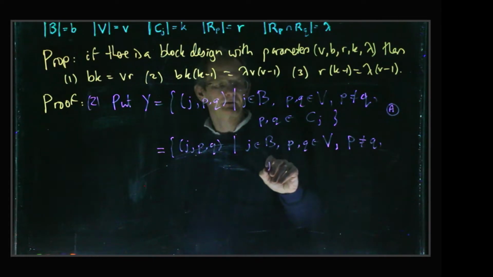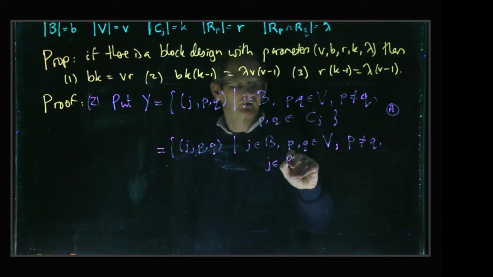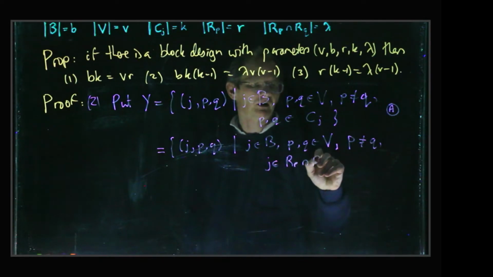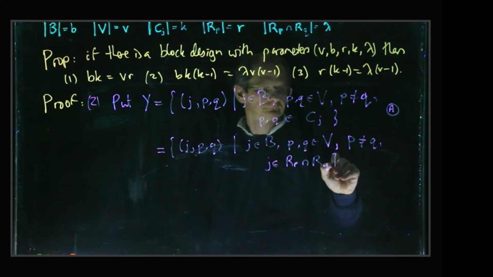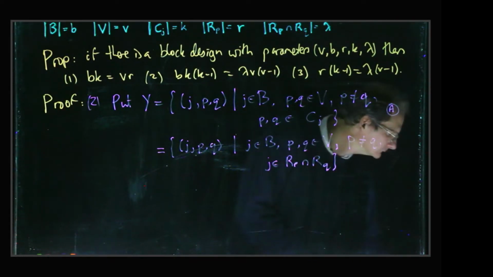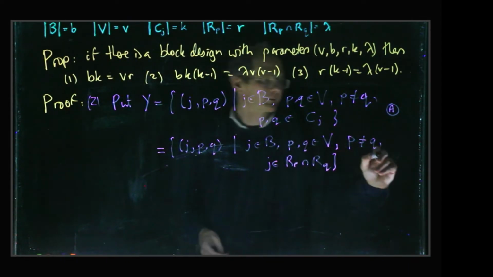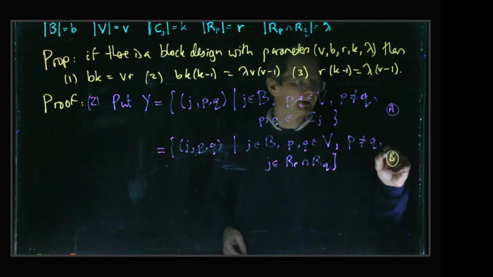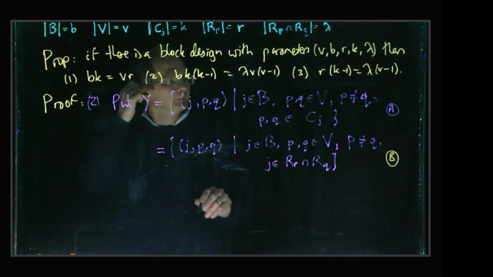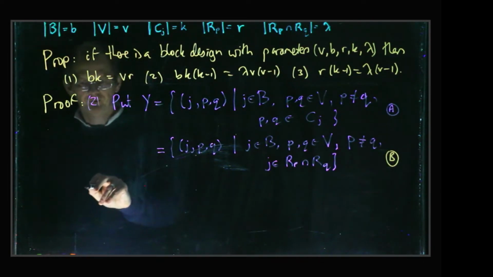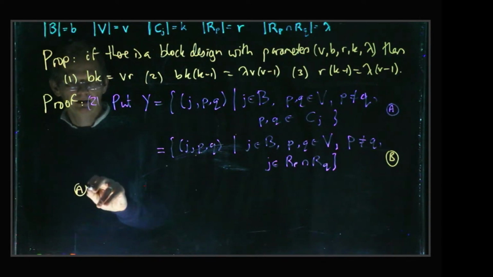So together that's the same as saying that j is in Rp intersect Rq. So this was description A, and this is going to be description B. So what does A give in terms of the sizes of these sets?